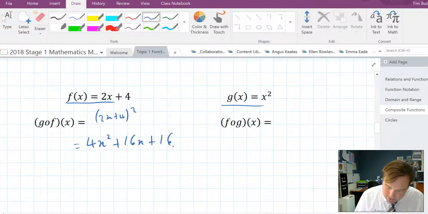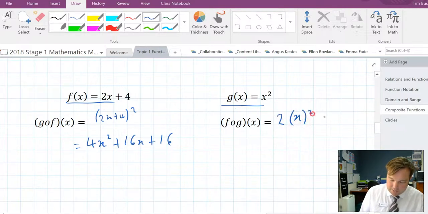Seems good. What about this way around? Well, this way around, g is going into f. So g going into f looks like 2x squared plus 4, which just equals 2x squared plus 4.